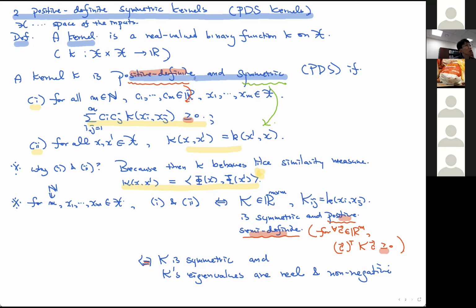Some of you may have forgotten what eigenvalues are. So eigenvalues of a matrix: if we have some vector such that if you multiply it by K, the vector doesn't really change its direction, but just gets scaled by a constant alpha, then if such a vector v exists, we say vector v is an eigenvector.